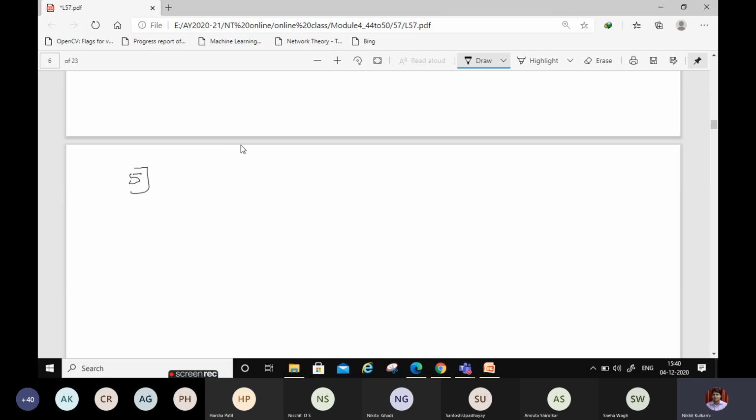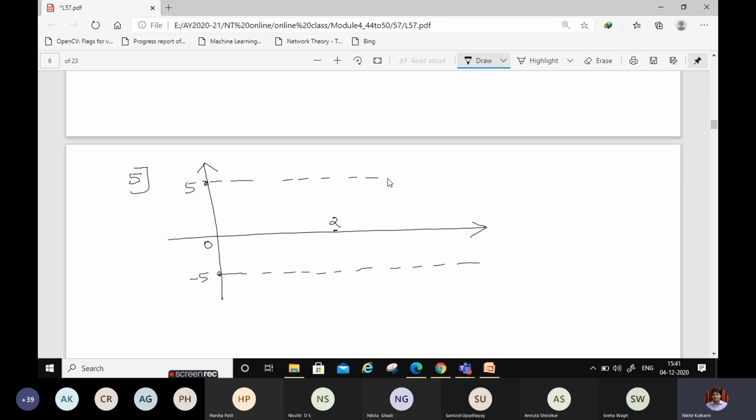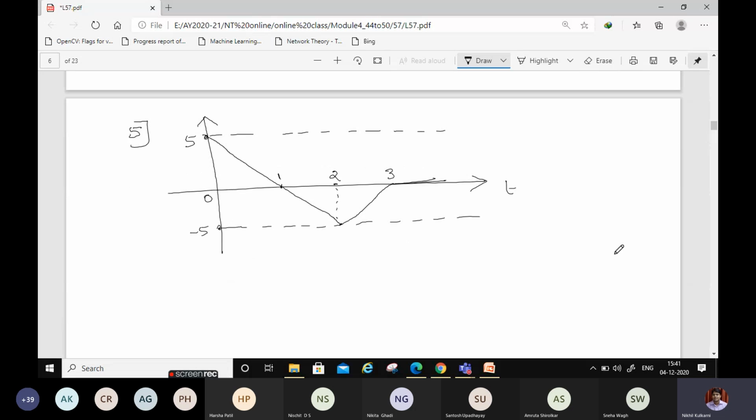Fifth one, just try this for 1 minute. So if this is the given signal like this, first you have to understand the magnitude, minus 5 to 5 is there.